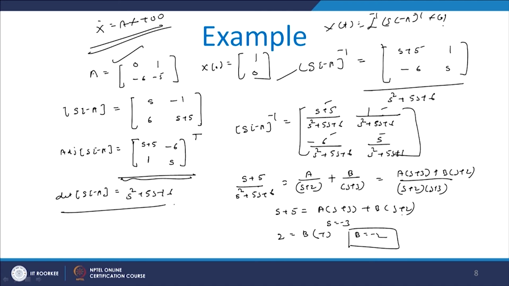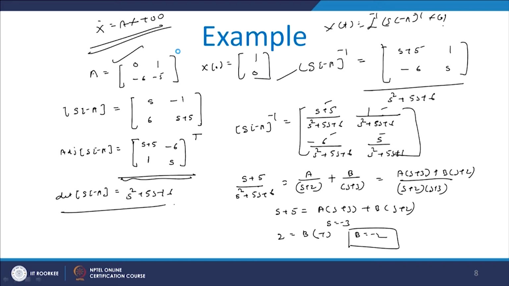When we replace s equals minus 2, the part of B will cancel, and you can get the value of A. That means s plus 5 equals A into s plus 3 plus B into s plus 2. We replace s equals minus 2, so you get 3 equals A into 1. So, A equals 3.